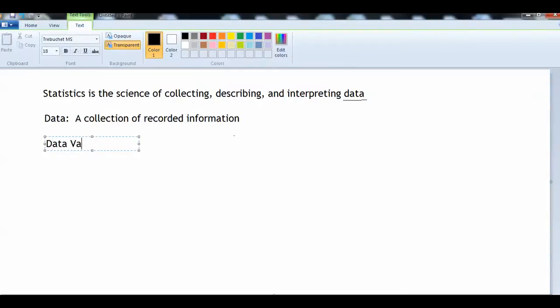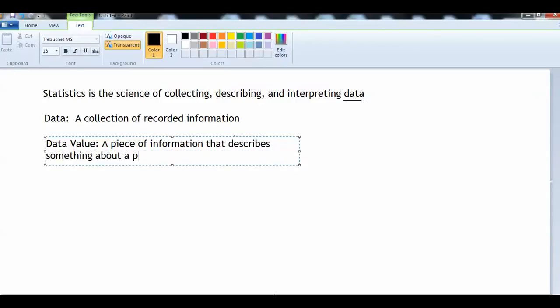The singular version is data value, which is a piece of information that describes something about a person, animal, thing, or place.